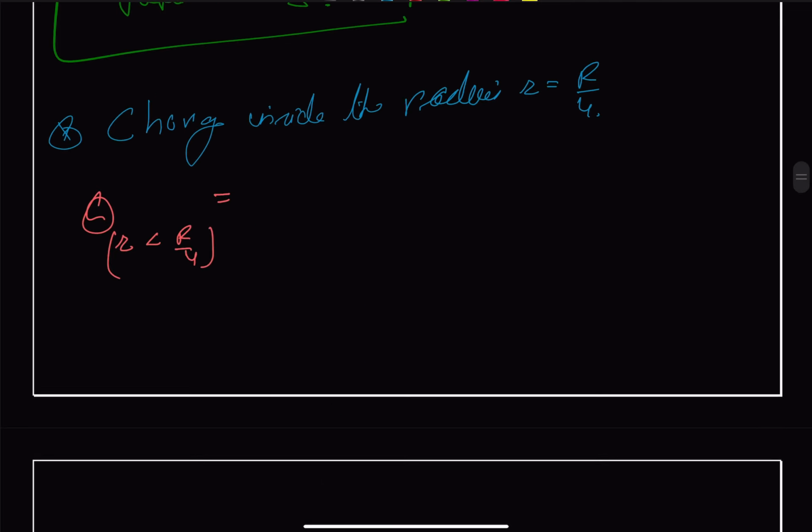So this will be the same 2 pi sigma naught, and we get this as the integral from 0 to R by 4 of (r minus r square by capital R) dr.